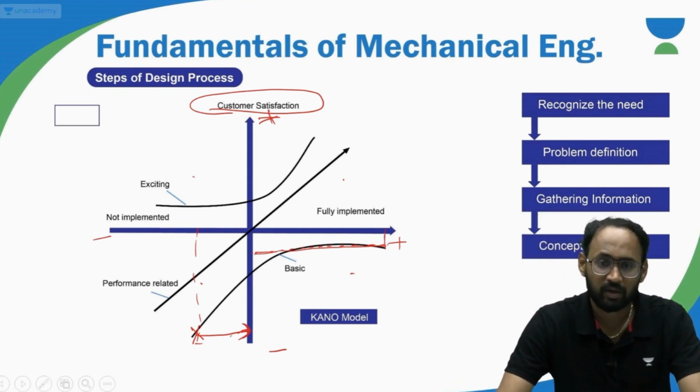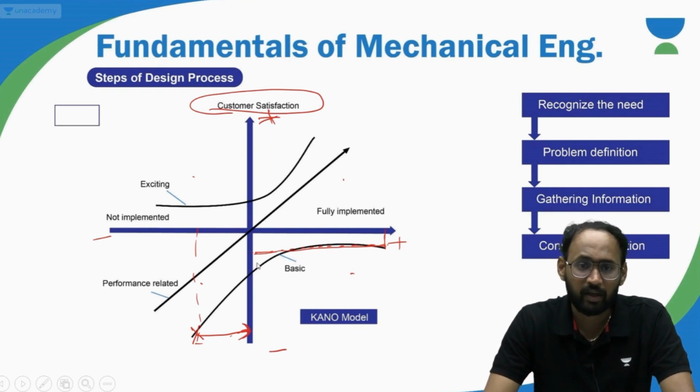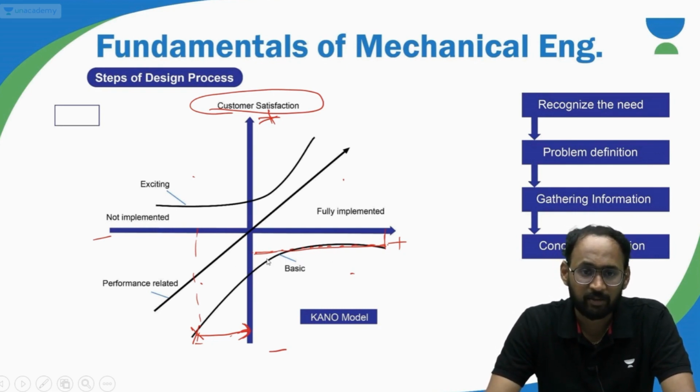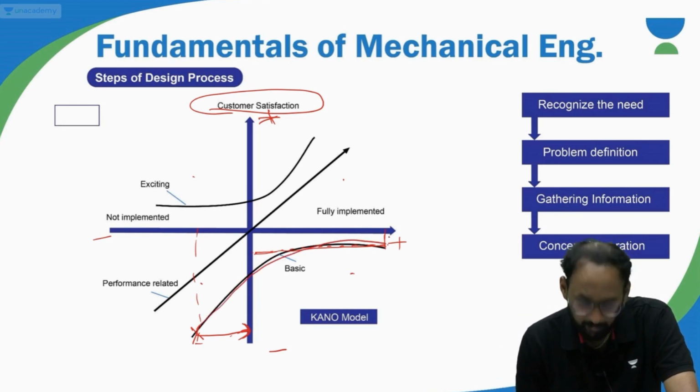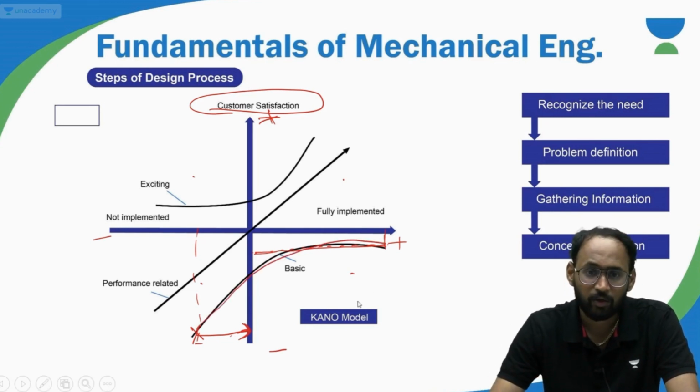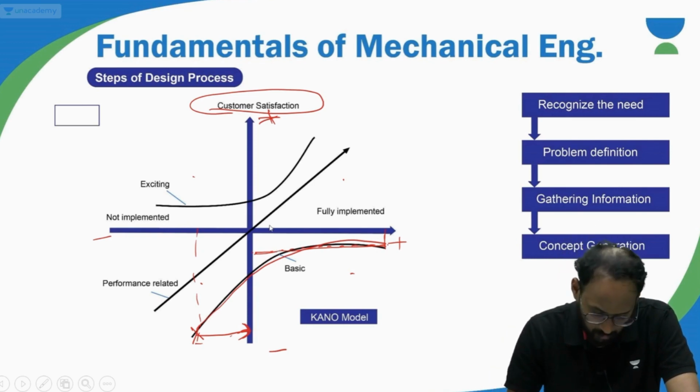So this is also a place where the customer satisfaction is very important. If you are somewhere in the basic curve, we better operate here, but again the customer satisfaction is not much. So you can either operate here or in this curve.